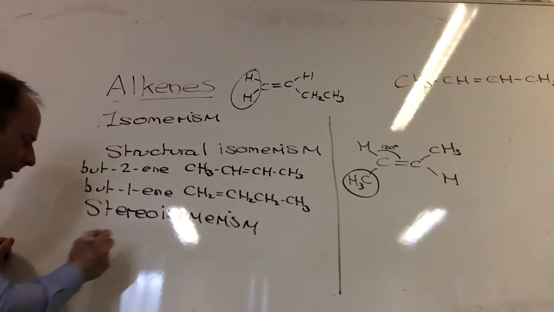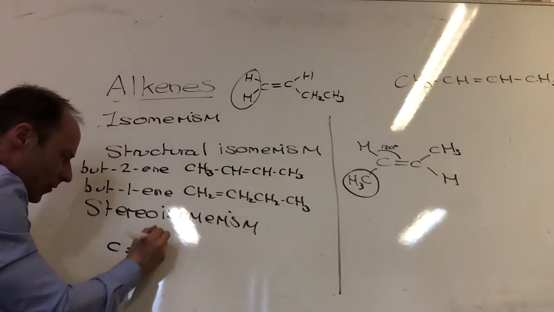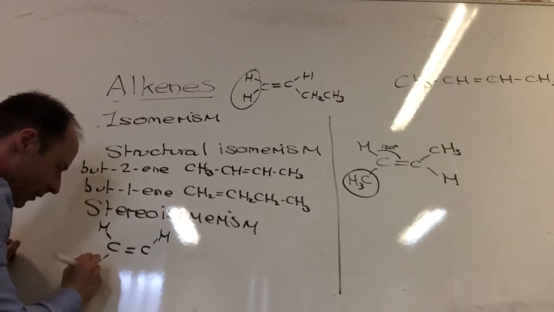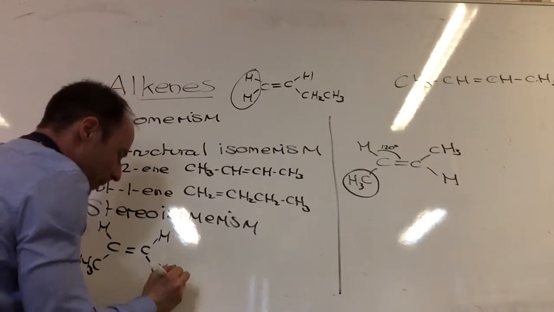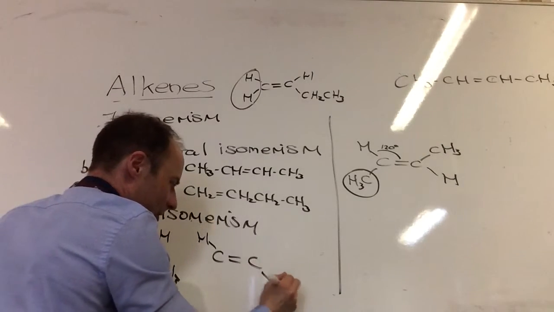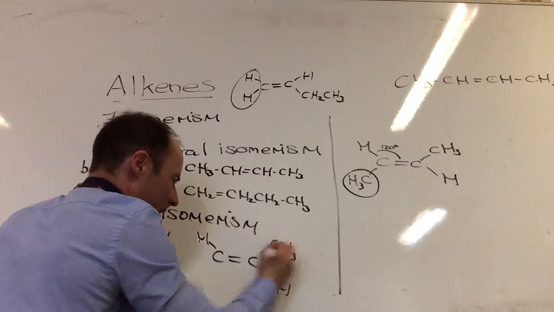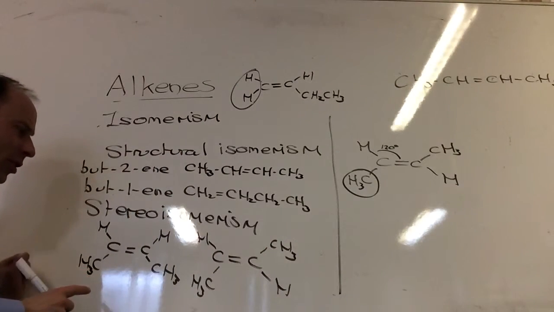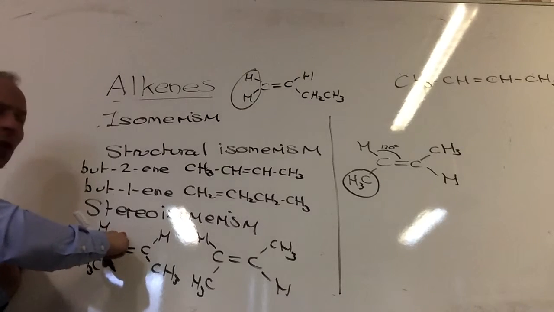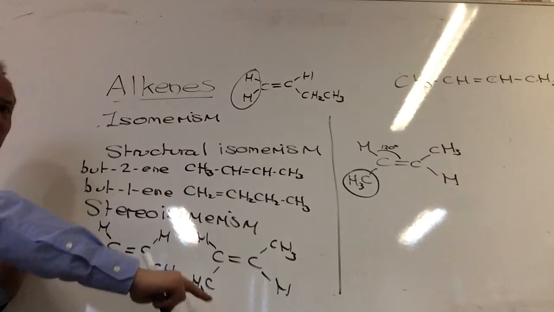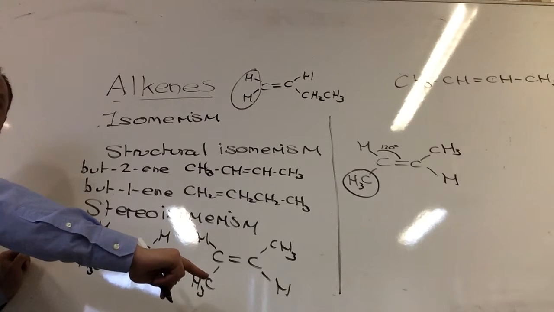So there's 2 types. If you draw it, you've got your H's on the same side, and I think you would have talked about this in the basic concepts, and on this you've got them on the opposite sides, like so. So there's 2 different ways you can do it. This would be called the cis isomer, and this is a trans isomer, but you've also talked about EZ isomerism.